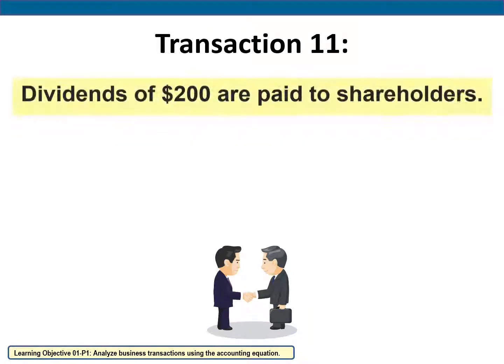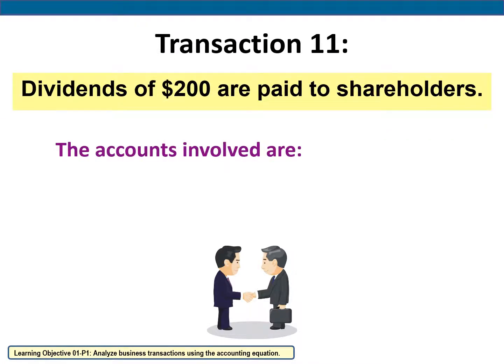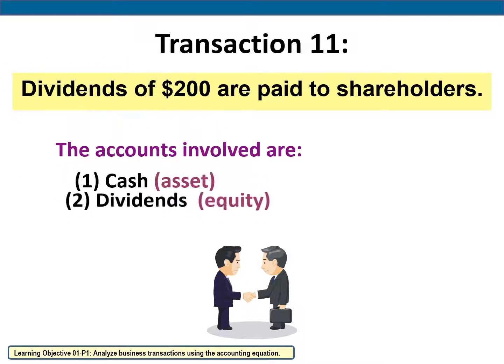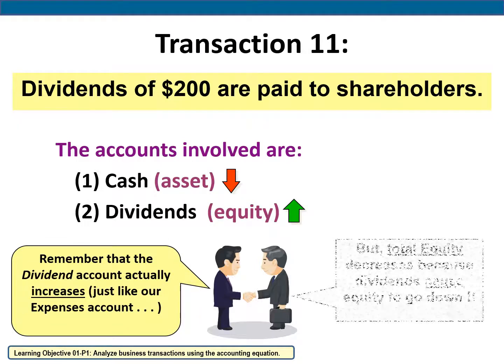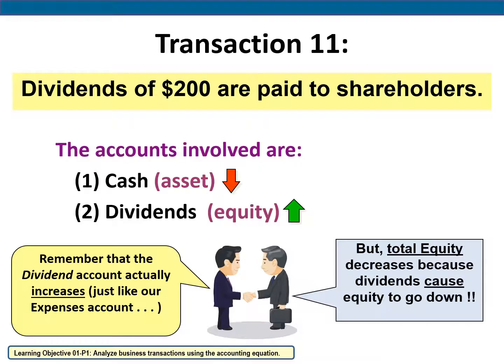Okay, so in transaction 11, dividends of $200 are paid to shareholders. So the accounts that are involved here are cash and dividends. And if you remember, the expanded accounting equation is assets equal liabilities plus equity plus common stock less dividends plus revenues less expenses.